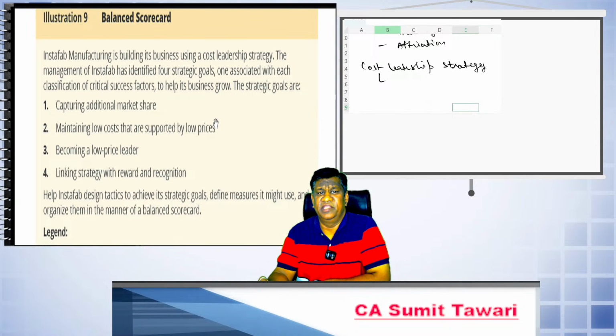Okay, so the management of InstaFab has identified four strategic goals, one associated with each classification of the critical success factor to help its business grow. The strategic goals are capturing additional market share, maintaining low costs that are supported by low prices, becoming a low price leader, and linking strategy with reward and recognition.